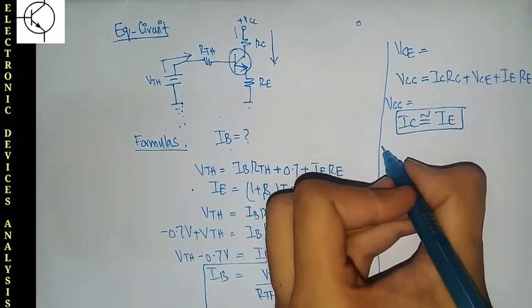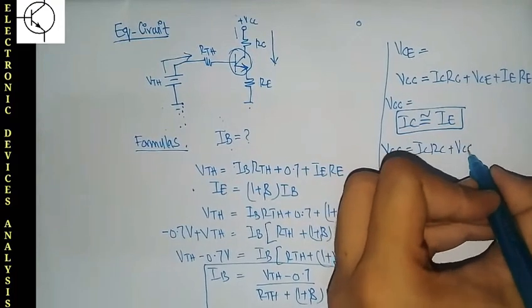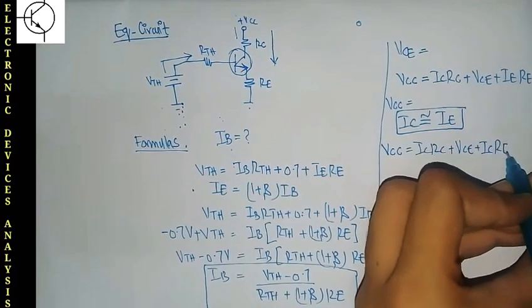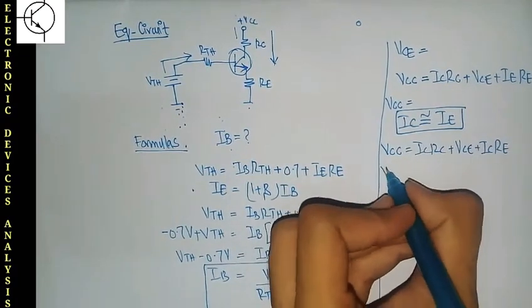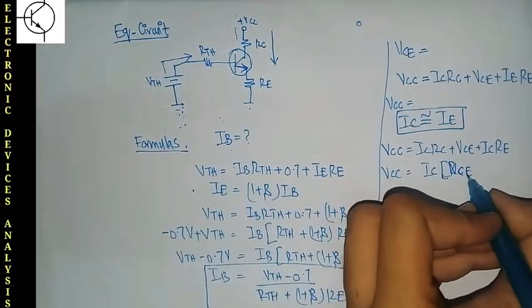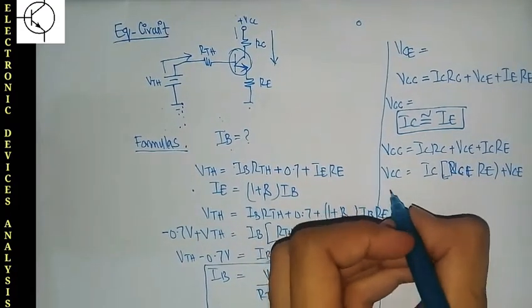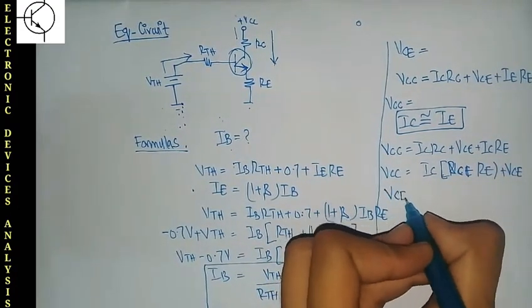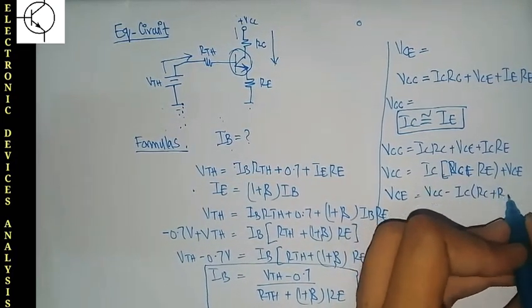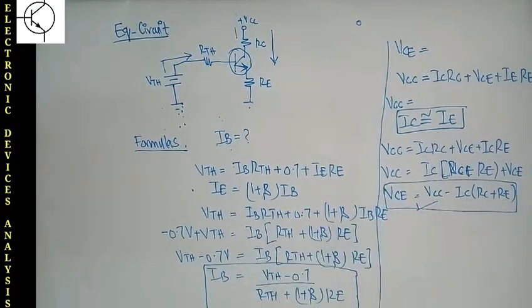So you can see that VCC will be equal to IC into RC plus VCE plus, we can write IE as IC, into RE. Therefore VCC will be equal to, taking IC common, RC plus RE, plus VCE. So VCE will be equal to VCC minus IC into RC plus RE. This will be the calculated collector emitter voltage.